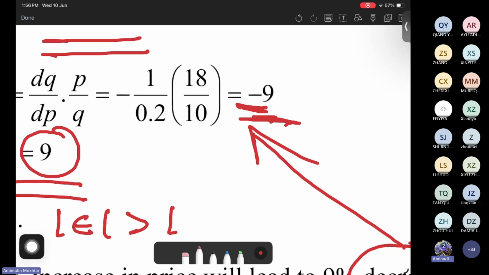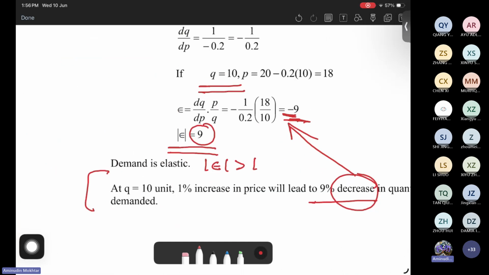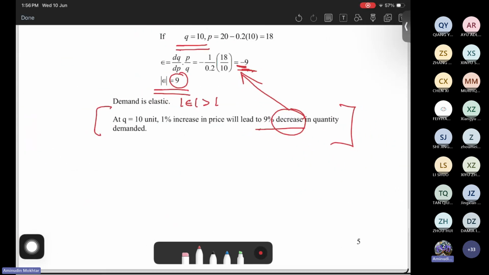And the absolute value of E shows the percentage change in quantity subject to a 1% change in the price of the good. That's how to interpret the demand.